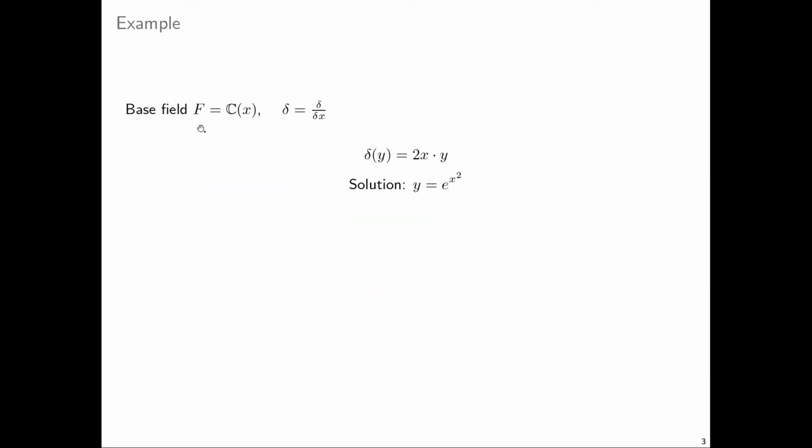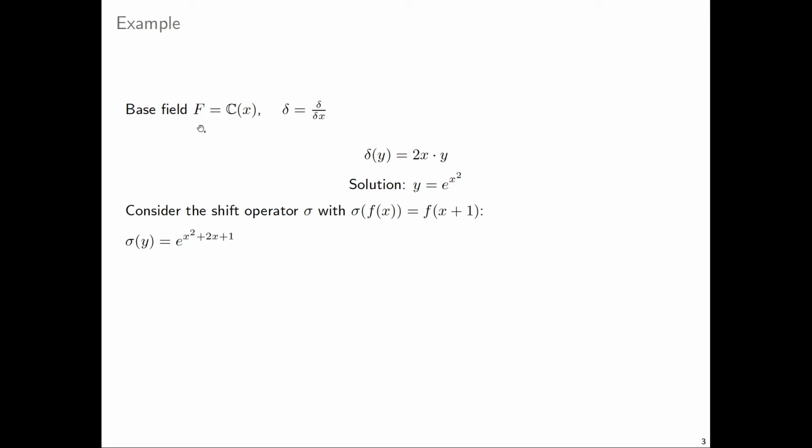So same example, same solution, but now in addition, we also look at this endomorphism sigma, that's a shift operator. So a function f of x is mapped to f of x plus 1. And let's look at sigma of y, our solution, that's this function.